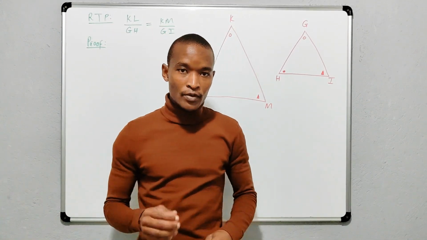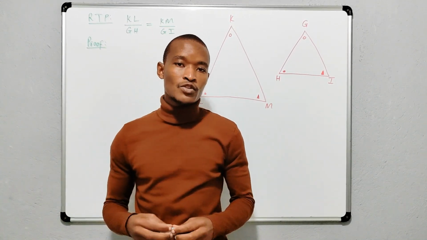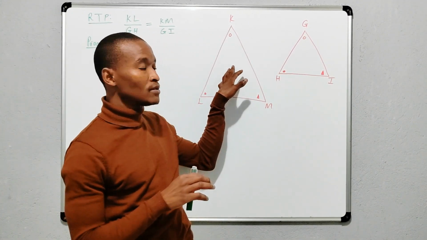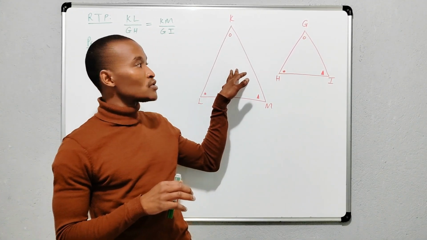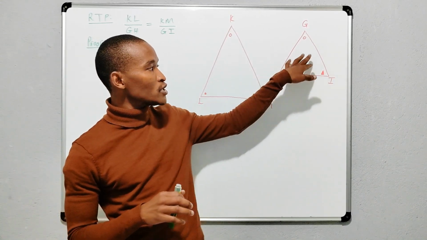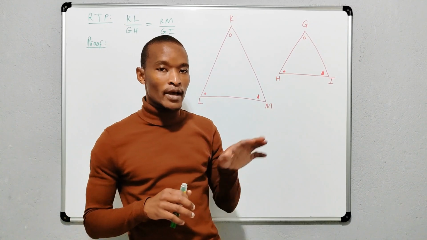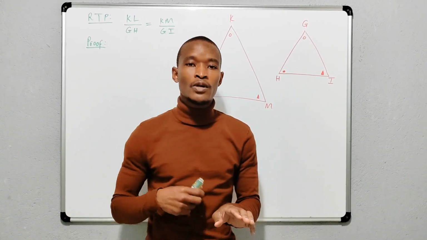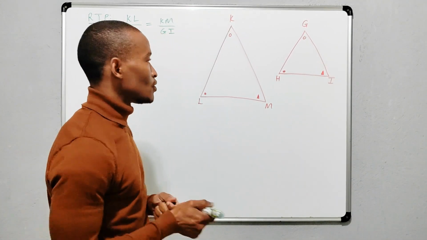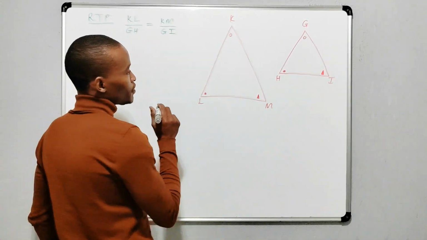What is the technique of the proof? We need to construct a line inside this triangle that will allow us to connect the angles, and move in the direction of parallel lines so that we can introduce the proportionality theorem. So that is the essence. So what are we going to do?